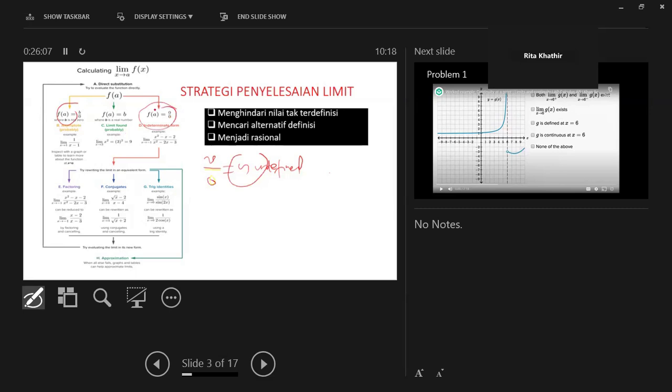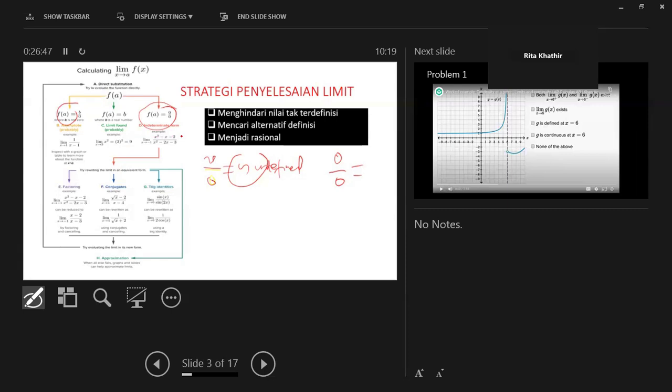Okay, then if you also find zero over zero, or sometimes you type it into your calculator and it says it cannot calculate it. This form of 0 over 0 you can call an indeterminate form.